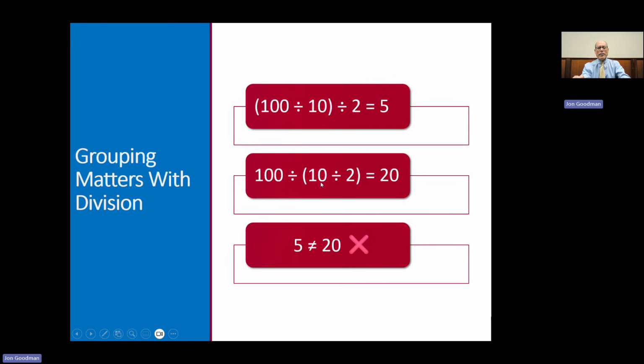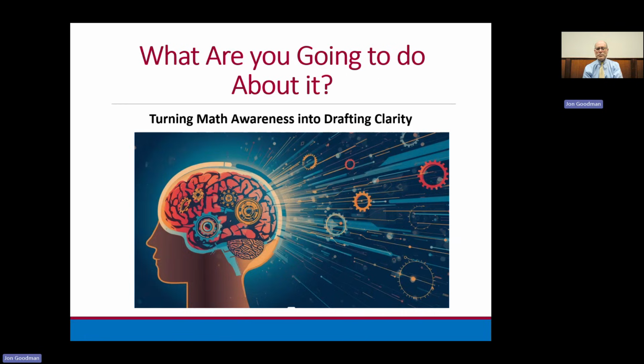If you do this calculation first, 10 divided by 2 is 5, 100 divided by 5 is 20. 5 does not equal 20. Grouping matters with division. Okay, what are you supposed to do?